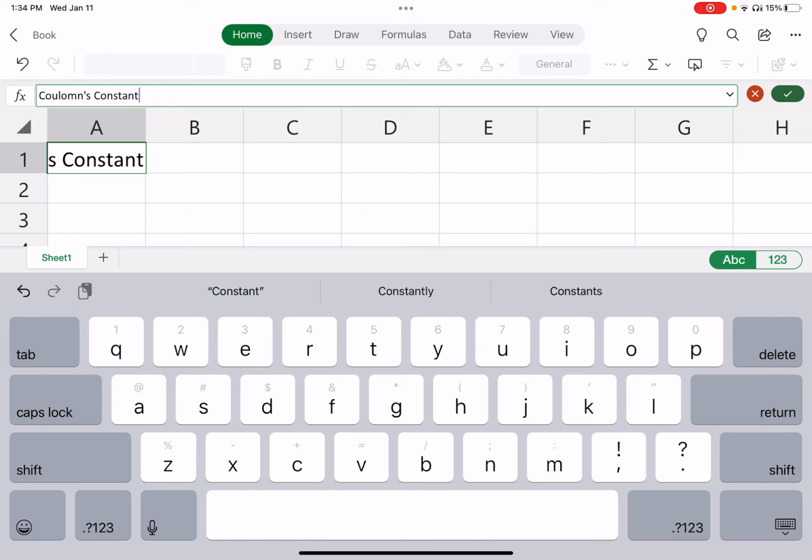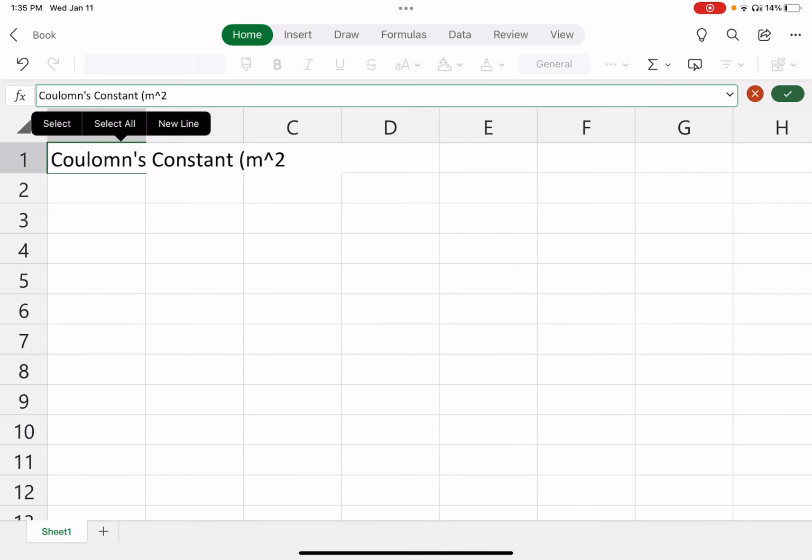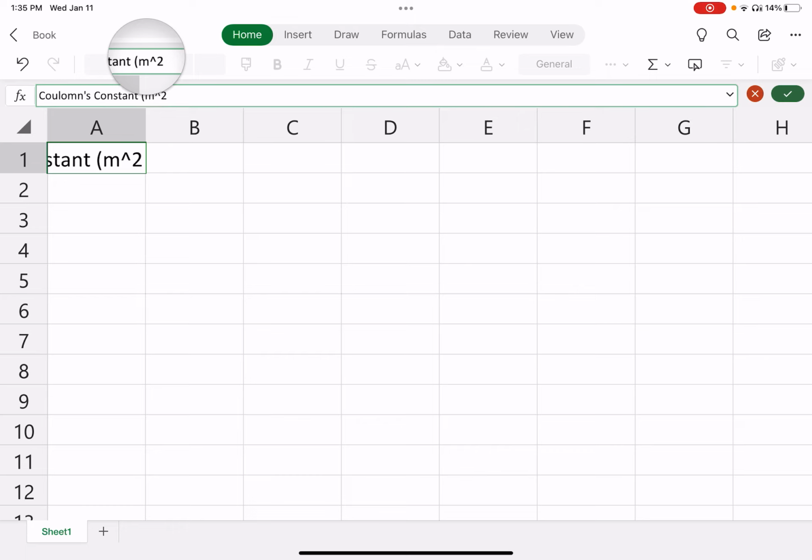You can use whichever program you like, but I'm going to do it in Microsoft Excel since it's so useful. And this is going to be m squared. Actually, it's times a Newton here, so make sure I put that Newton in there.